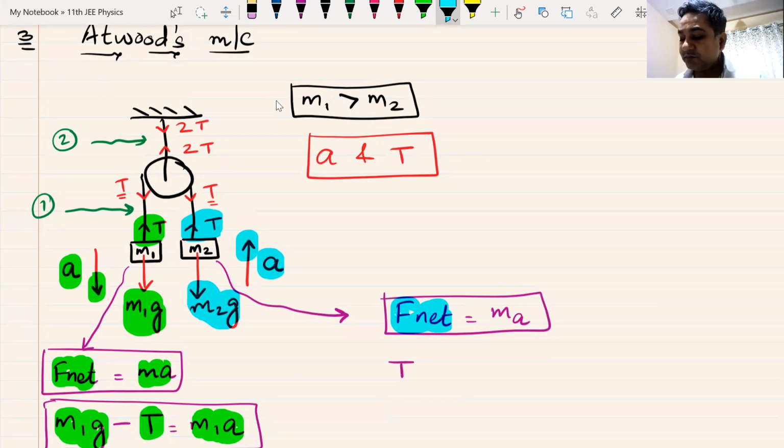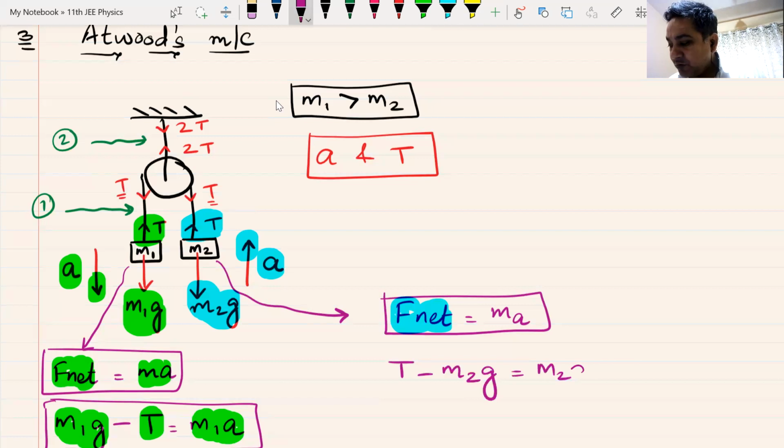To find net force, it is moving upwards, so upwards minus downwards here. In the left hand case, it was downwards minus upwards because it was moving downwards. In this case, it is upwards minus downwards because it is moving upwards. T minus M2G will be equal to M2A.